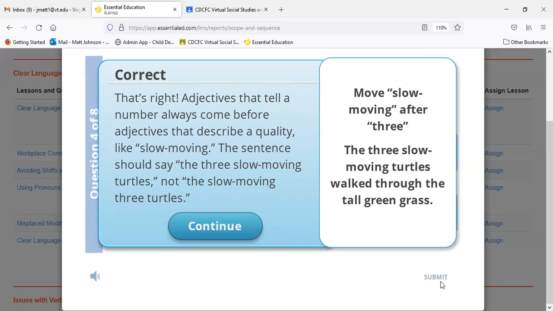And that's less about having a dangling modifier as it is just that it sounds better in a certain order. So the three slow moving turtles walk through the tall green grass.